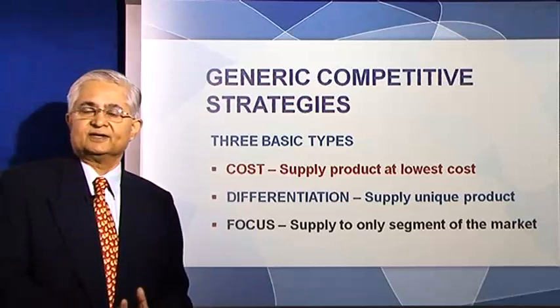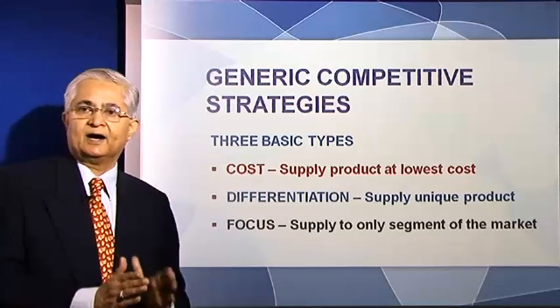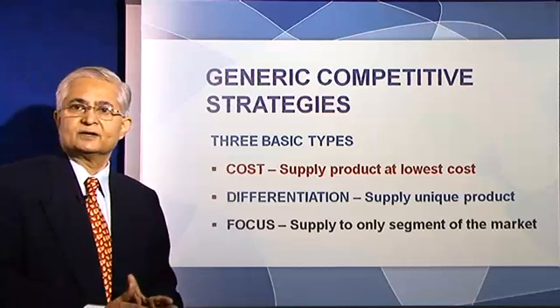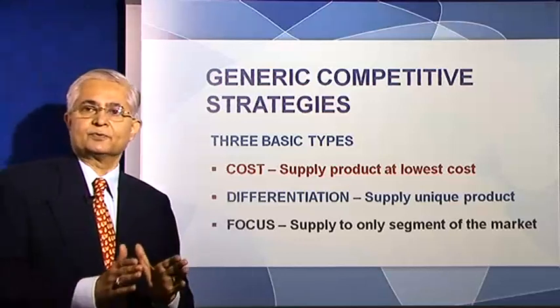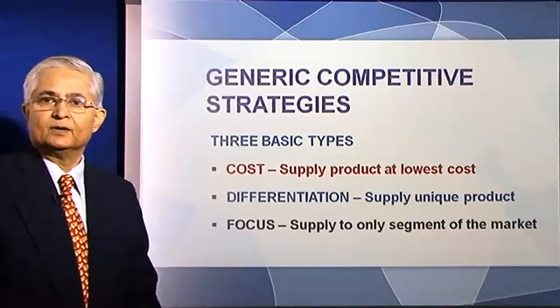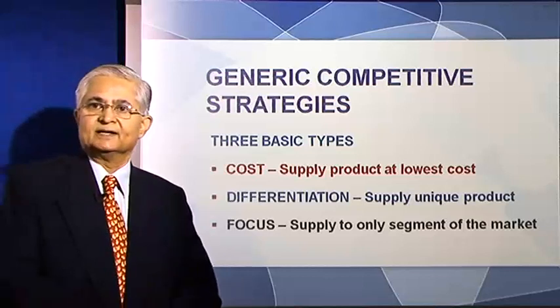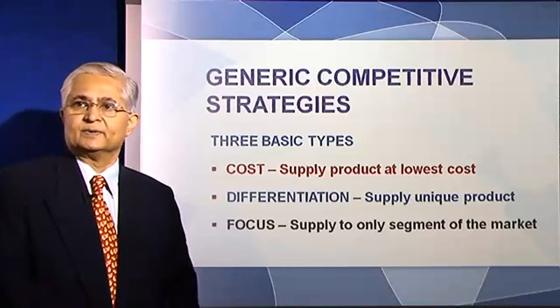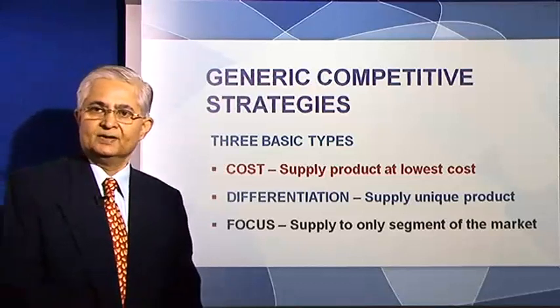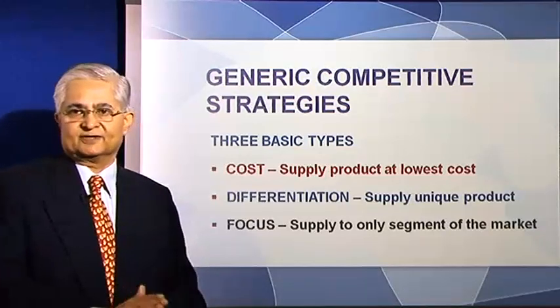This is a strategy which says that our company will be the lowest cost producer of this particular product. Our company will make this product available to the customer at the lowest possible price. This is the cost strategy, right?